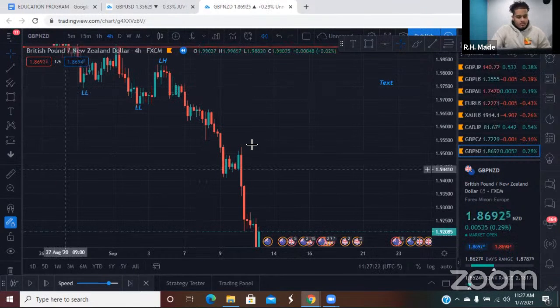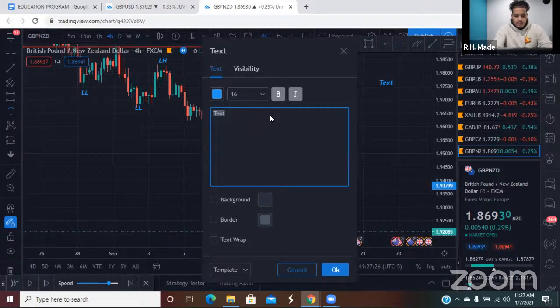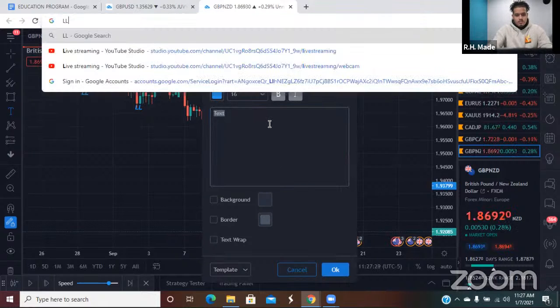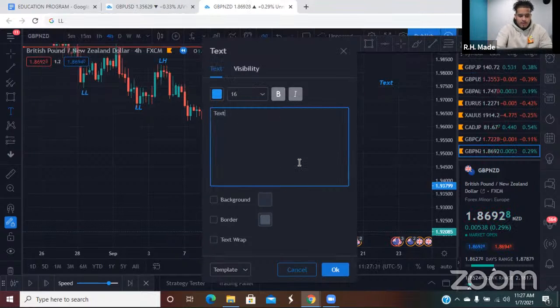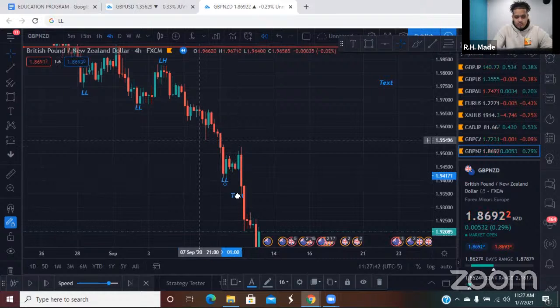Okay, market drops, creates a lower low. We can clearly tell this low point is lower than our lowest point.